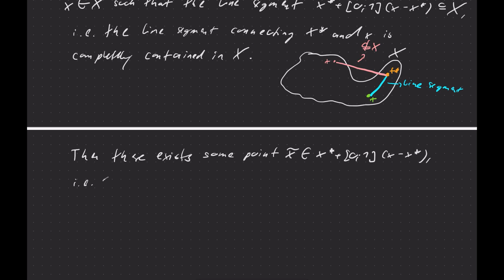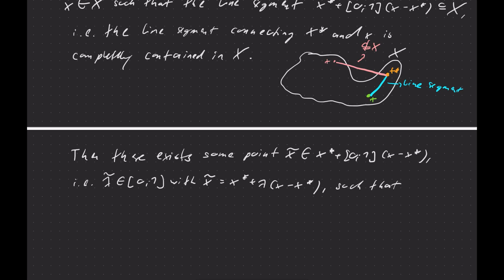And that means there is a lambda tilde in [0, 1] such that x tilde is exactly equal to x star plus lambda tilde times (x minus x star). And you can see that the case lambda equals 0 corresponds to the point x star. The case lambda equals 1 corresponds to the point x, and any value in between is some point on that line segment.